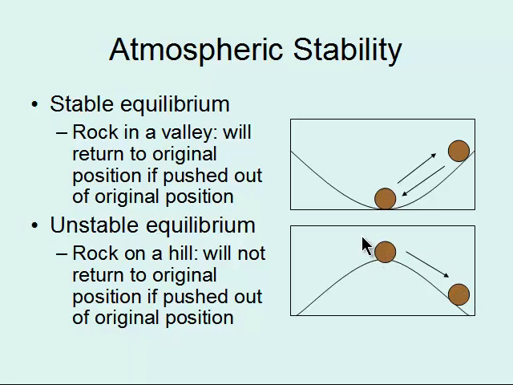So in a situation where the rock or air moves away from its original position and comes back, that's stable equilibrium. Unstable equilibrium is when you nudge or push that object or air parcel and it does not return.